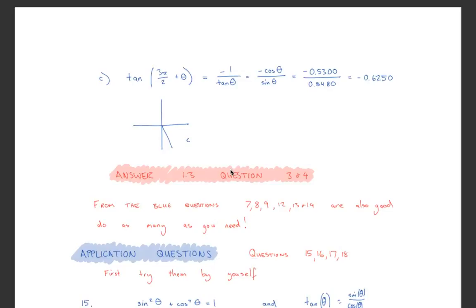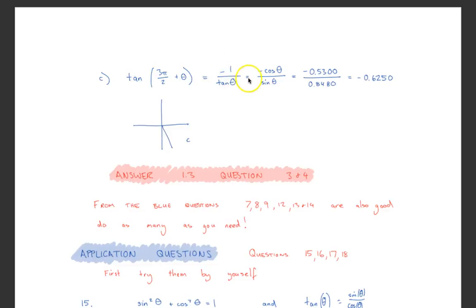This time we're asked to find tan of 3 pi on 2 plus theta. We are in the fourth quadrant, 3 pi on 2 plus theta. Here, cosine is positive, which means that tan is negative. Because we're dealing with a reference angle from the y-axis, tan becomes inverse tan of theta.